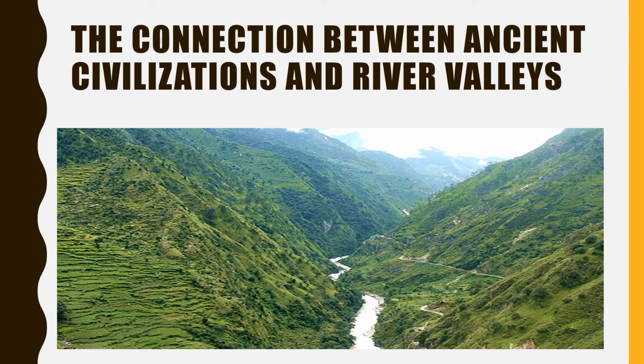It also provides fertile soil called alluvial mud, which is ideal for farming as well. Rivers also provide a source for food, and rivers are also used for transportation to facilitate trade.